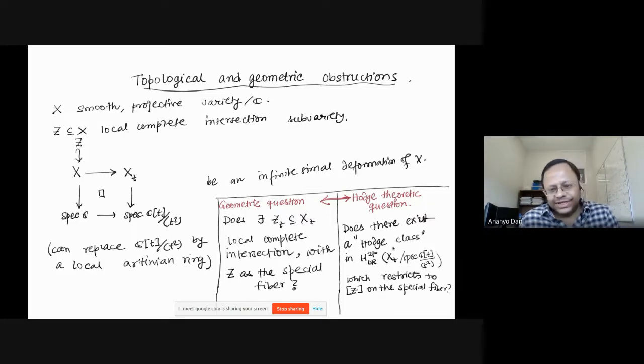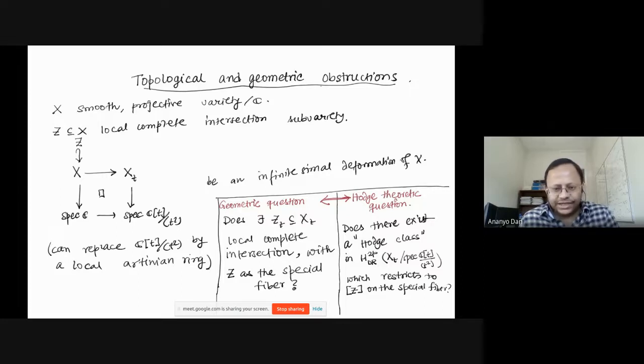It's not obvious, but you can check that the de Rham cohomology of X_T over Spec C[t]/(t^2) is simply the cohomology of X, the special fiber, tensored with the dual ring.